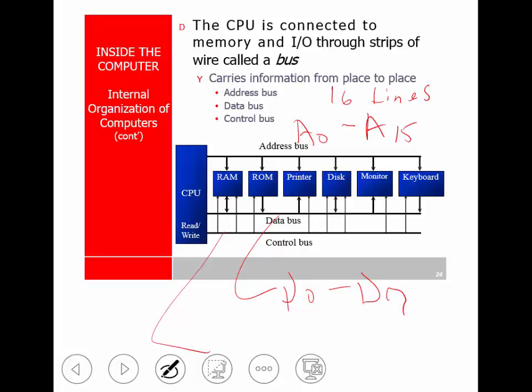This is a very general graph. The monitor actually has to go through a graphics card, and the graphics card has to go through the instructions on how to do things. We're not going to be getting to that level. Same thing with the keyboard. The keyboard in front of your computer actually has a microprocessor in it itself.